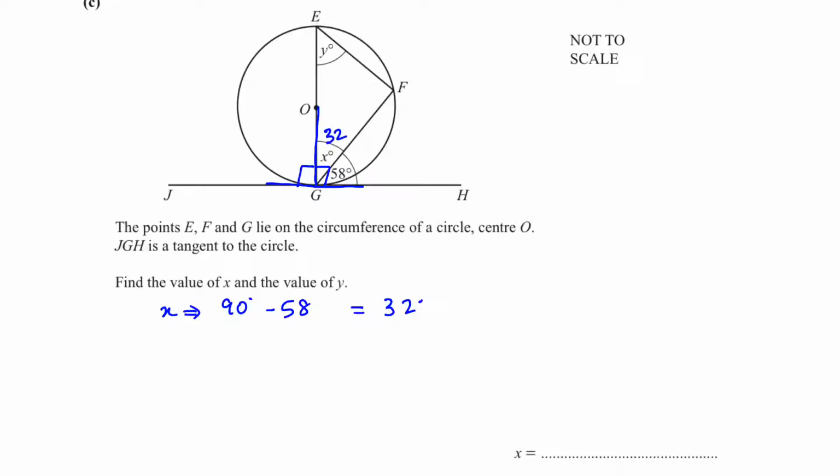Then the other rule which we are supposed to know is that this is a diameter. The angle opposite the diameter is equal to 90 degrees. So to find y, we have to do 90 minus x, which is 32. So the answer is 58.